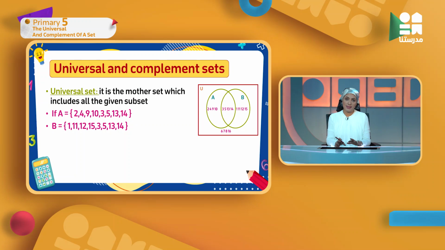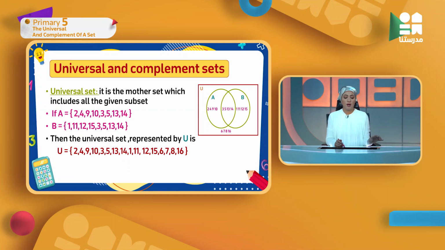So, we have said sets A and B. If we notice, we have some elements just flying around them, which are 6, 7, 8, and 16. So the universal set represented by the U is 2, 4, 9, 10, 3, 5, 13, 14, 1, 11, 12, 15, 6, 7, 8, and 16.